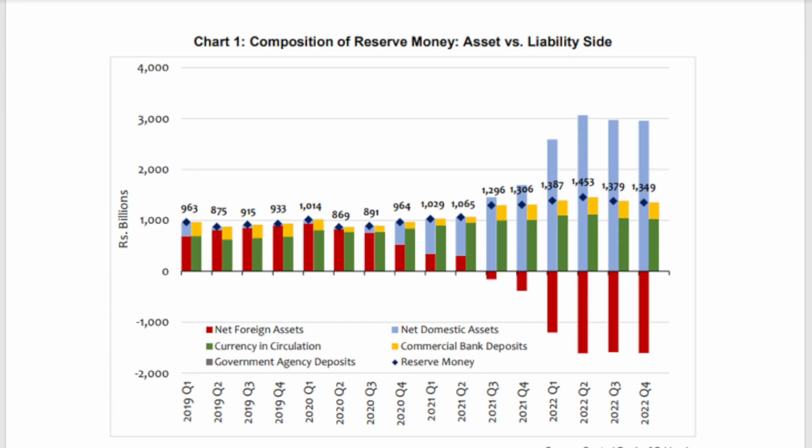This graph shows gradual reduction of net foreign assets drastically since 2020. Similarly, it shows accumulation of higher net domestic assets drastically after 2020 with the pandemic coming into play.